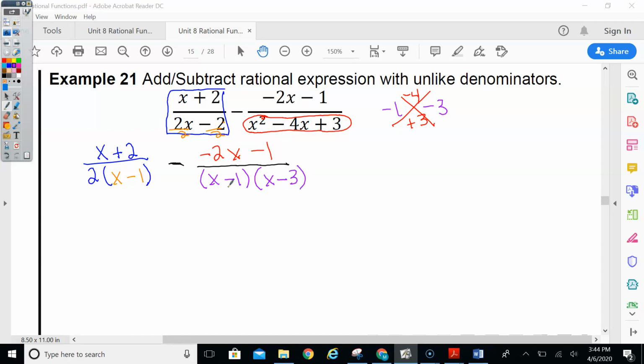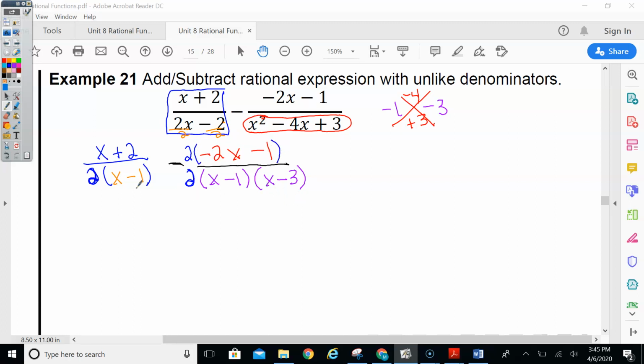So if you look at the denominators here, notice they both have a minus 1. So I don't need to worry about the minus 1. However, this one has a 2 that this one doesn't have. So over here I'm going to have to multiply this one by 2. But whatever I do to the bottom, I have to do to the top as well.